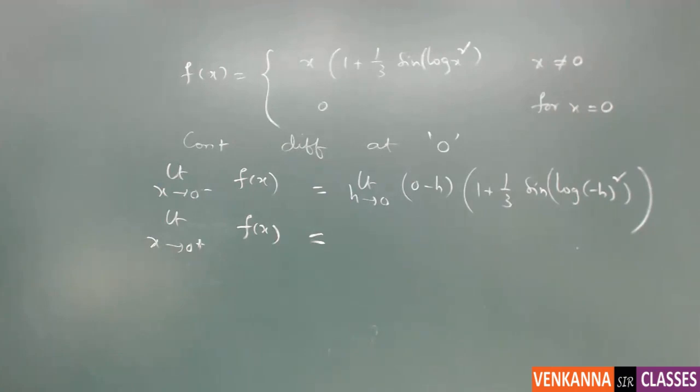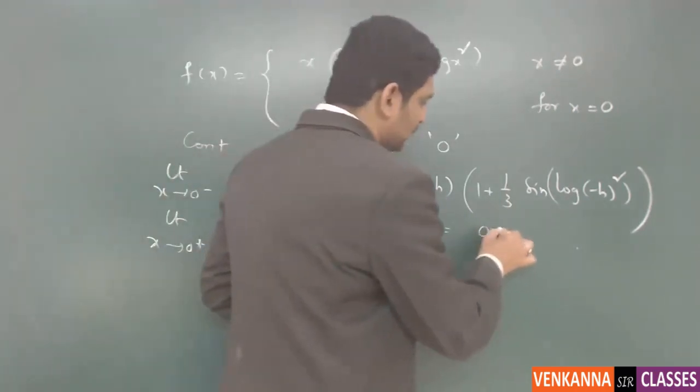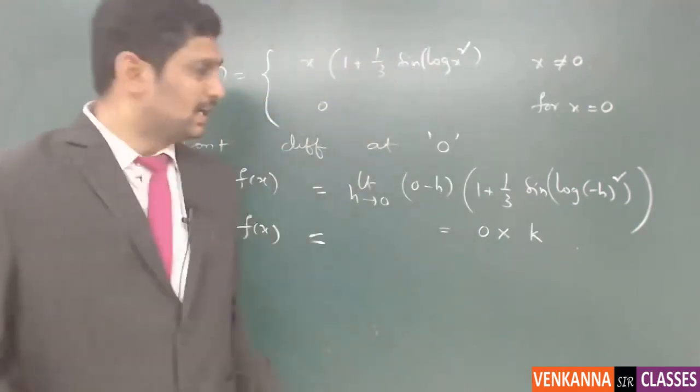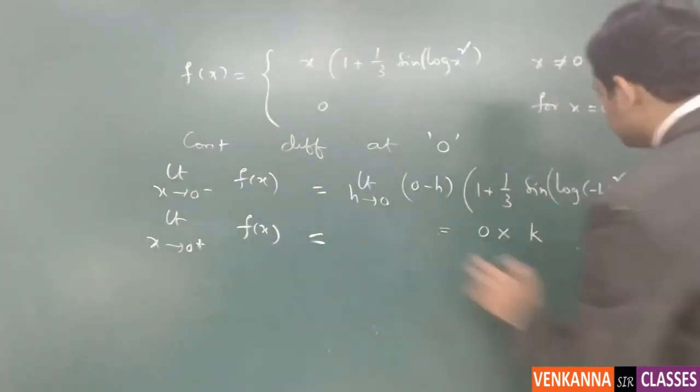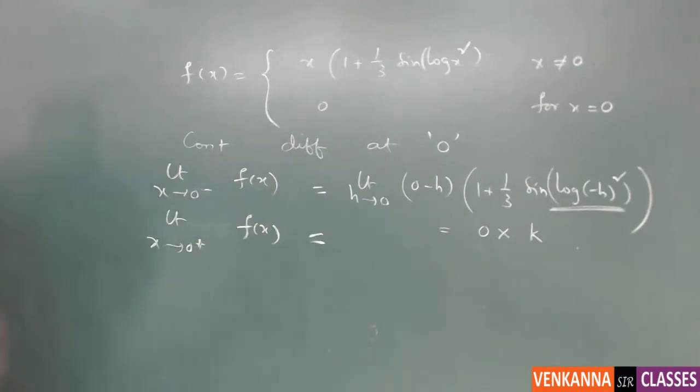Now if you calculate the limit value, since 1/h is present here, this will be 0 into some constant, because while applying h tends to 0, this value is going to oscillate between -1 and 1, sin log h square value. Accepted? So here k is a constant which is going to oscillate between -1 and 1. Agreed?